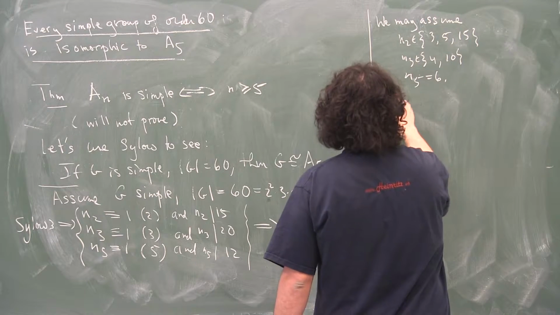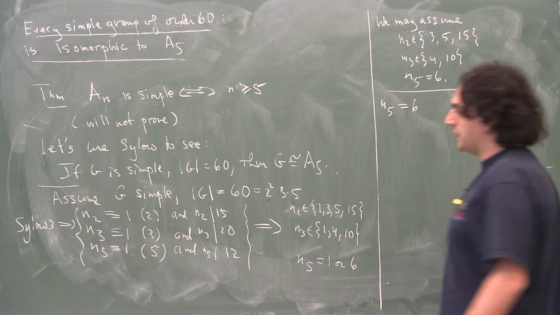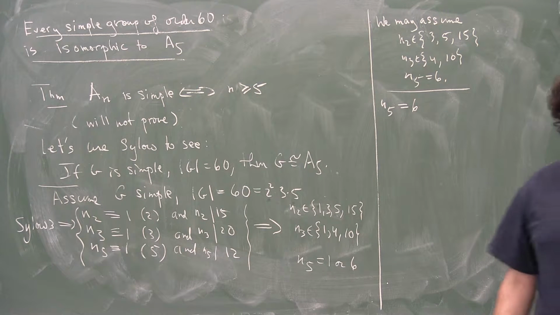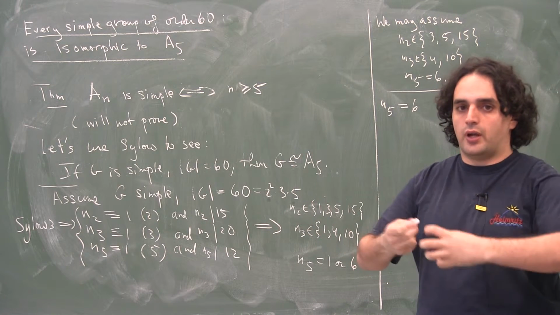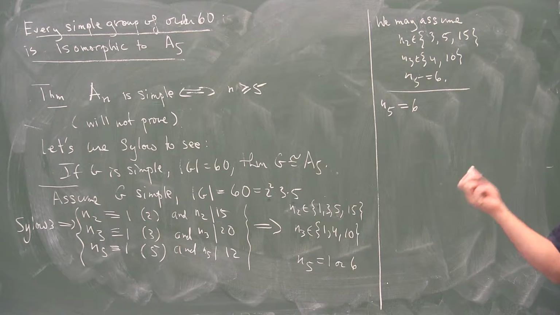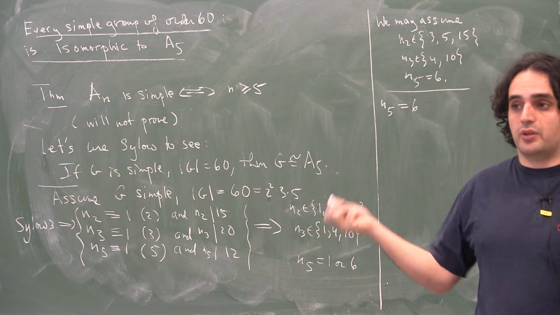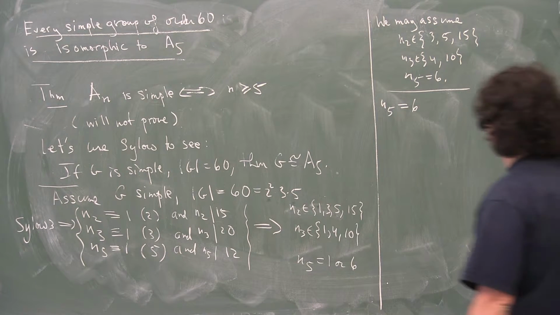So now n_5 equal to 6, doing the argument as before, any 5-Sylow will have 4 non-identity elements which are all of order 5. Any two 5-Sylows will intersect in the identity because by Lagrange's theorem, the intersection is a subgroup of a prime order group. It has to be either the identity or everything.